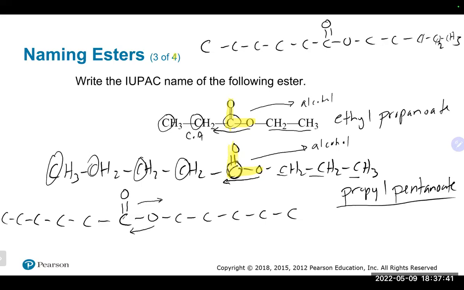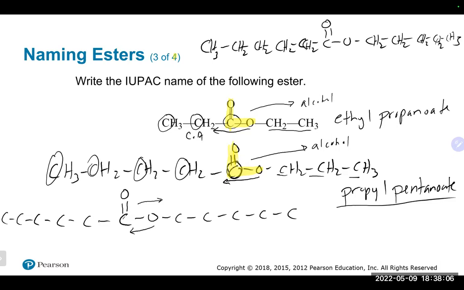Everything else will obviously be hydrogens. So we'll stick our hydrogens in there, and we'll end up with something that looks like this, I think. So hydrogens all the way across to get everybody to 4, obviously.